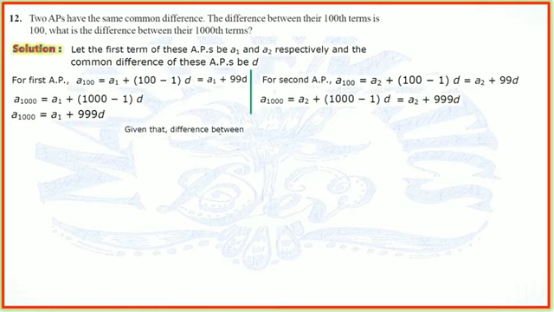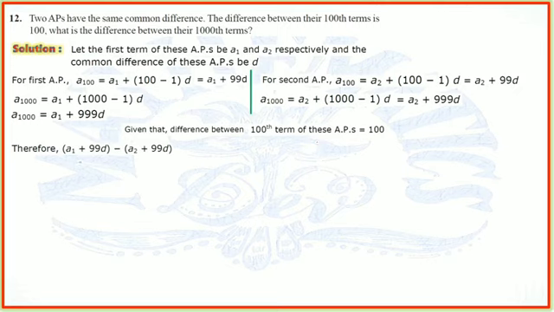Given that the difference between the 100th terms of these APs is 100, therefore the 100th term of the first AP, that is A1 plus 99D, minus the 100th term of the second AP, that is A2 plus 99D.